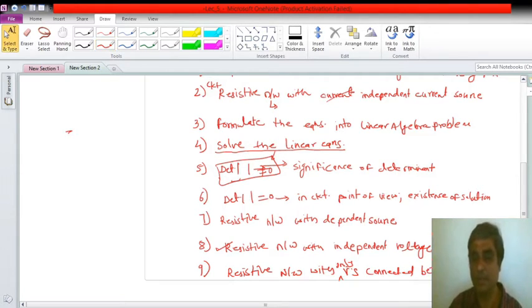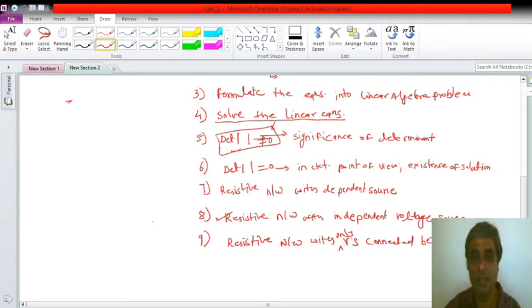And at last we will see the complete nodal analysis for the dynamic network or dynamic circuit. What does it mean? The circuit consists of resistors, inductors and capacitors.